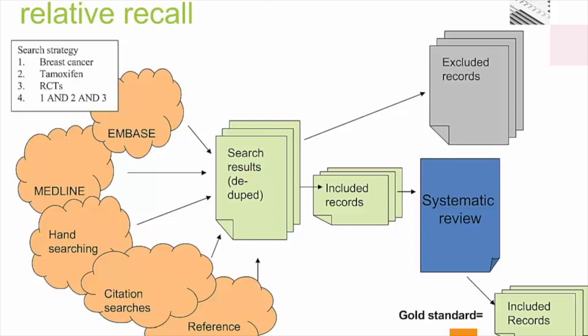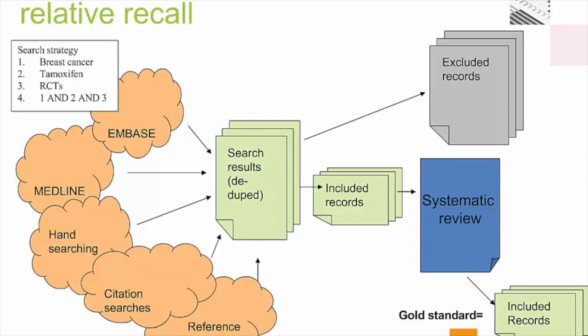So in this lovely diagram here, on the left, in the clouds, you have a range of different approaches to identifying studies, and the results of our extensive searching for our systematic review will go into an EndNote library or a reference manager library, be deduplicated, and then a process of selection will go on for the systematic review, and a lot of records will be excluded, and some records will be included in the systematic review.